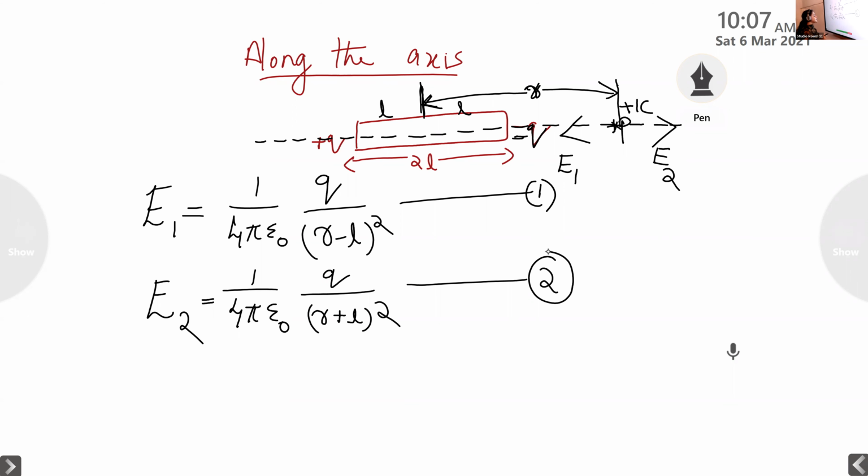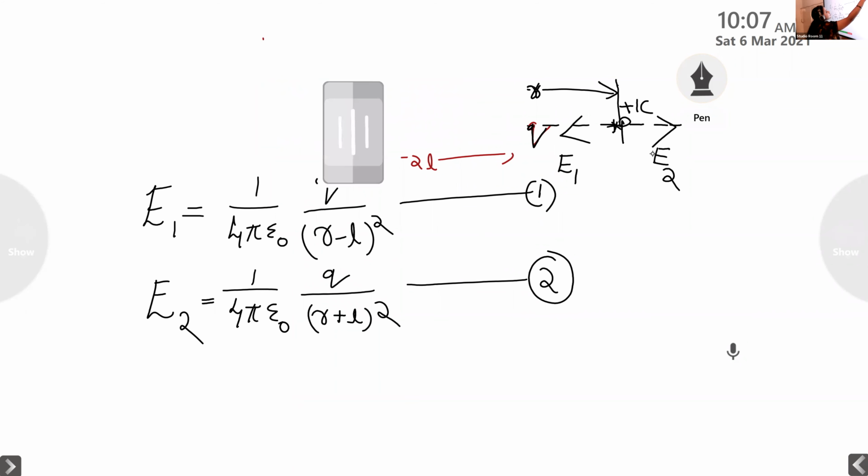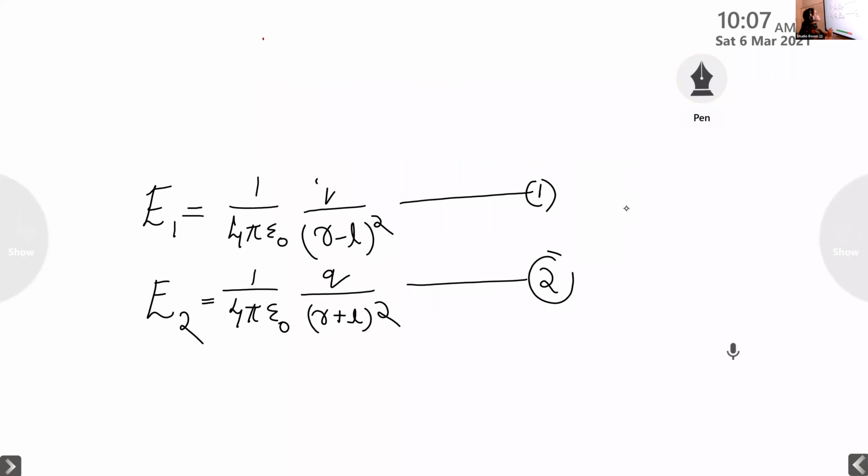Similarly, the electric field intensity at the plus 1 coulomb charge due to plus Q is given by 1 by 4 pi epsilon 0 Q divided by R plus L the whole square. Now we can calculate the net electric field intensity at the point P. How can we calculate it?